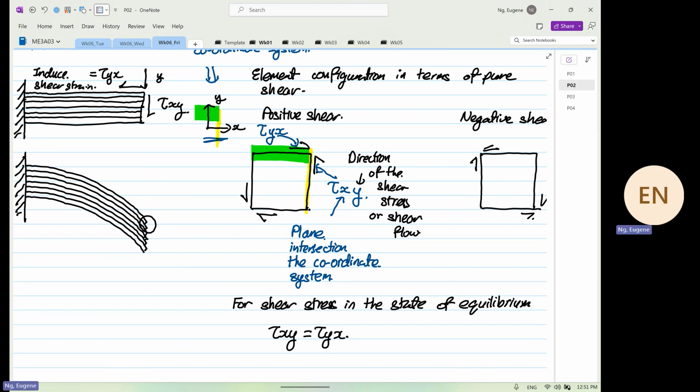And this shear strain will result, the shear strain is due to the delta. So this distance over here that you see is the what? This is why fracture is on the what?